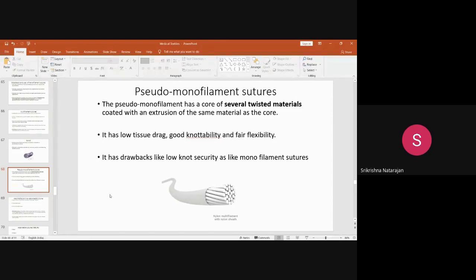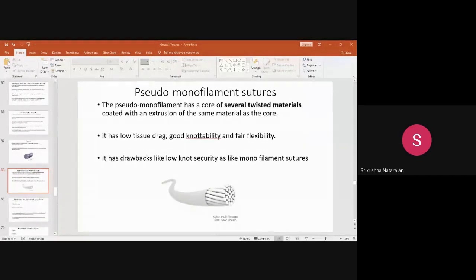That is called the security. That knot security should be higher actually, but for this pseudo monofilament suture, the knot security is less compared to the monofilament suture. So that is the disadvantage associated with the pseudo monofilament suture, which is similar to the monofilament sutures.